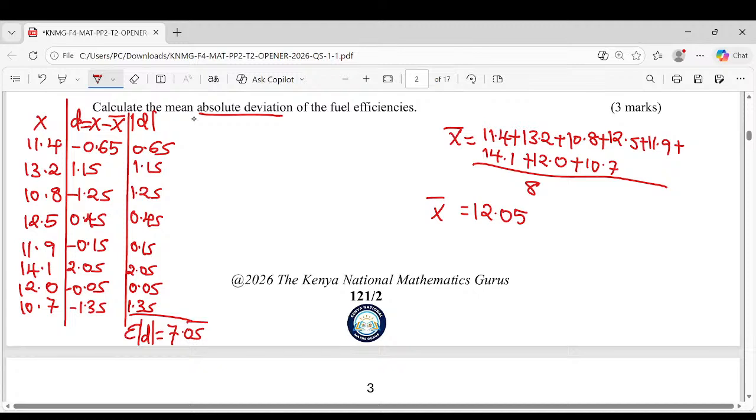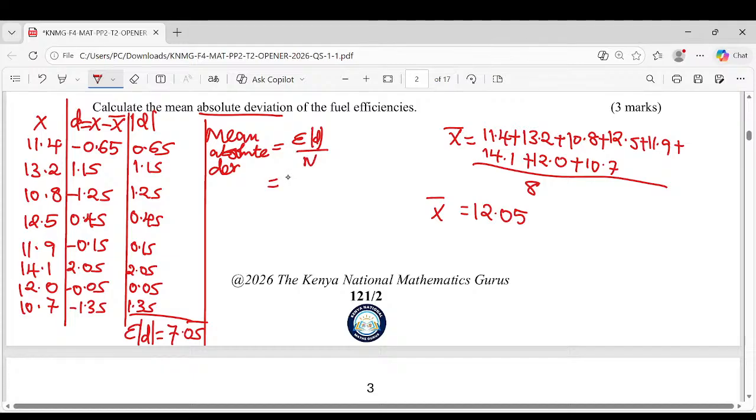Now when they talk about the mean absolute deviation, it is given by the summation of the absolute deviation divided by the number of items.